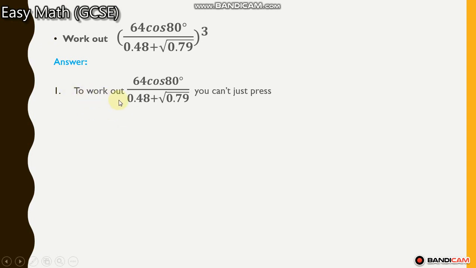Step number 1: to work out 64 cosine 80 over 0.48 plus the square root of 0.79, we cannot just press like that without putting parentheses or anything to separate them.